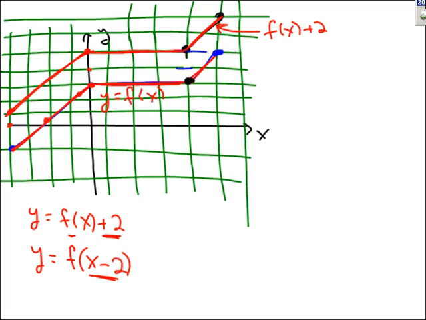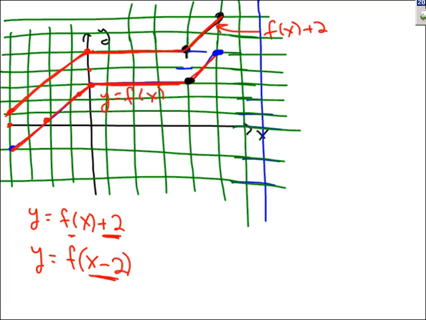I go to the original graph and I move every point to the right 2 places. Alright, every point is moved to the right 2 places.